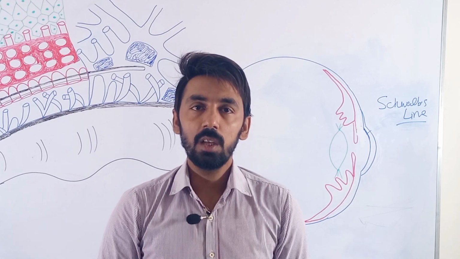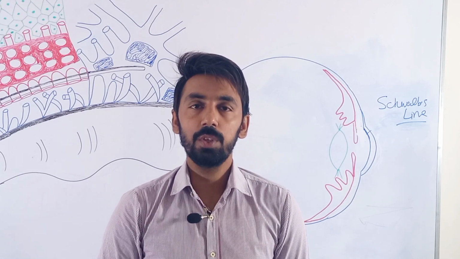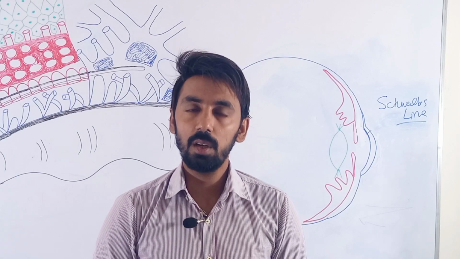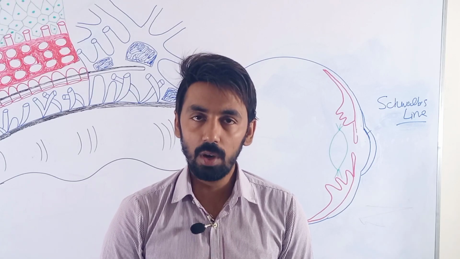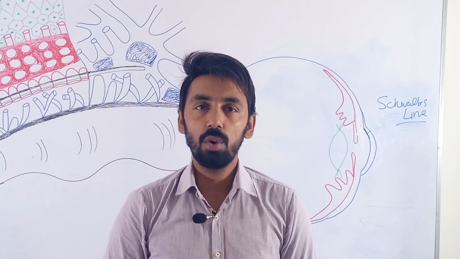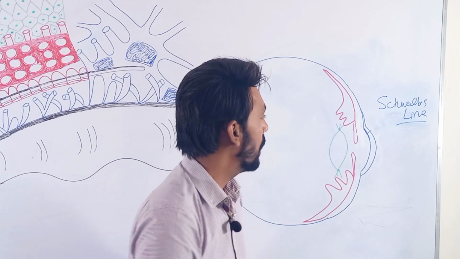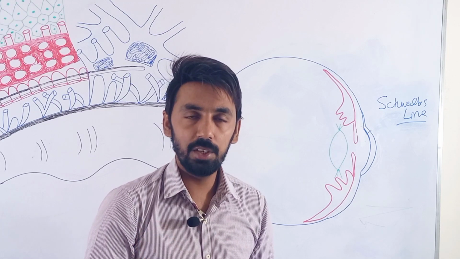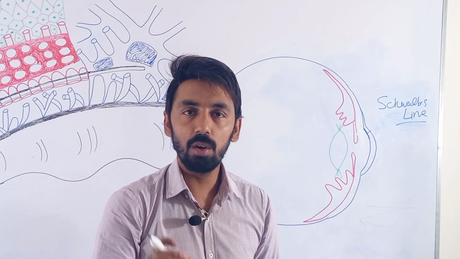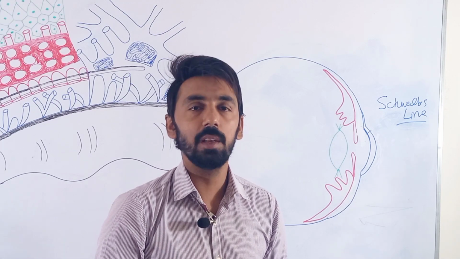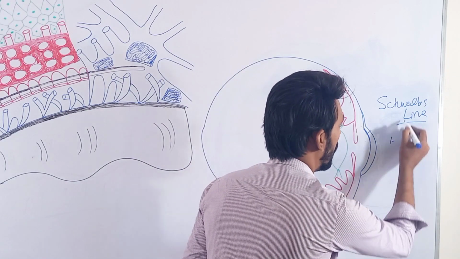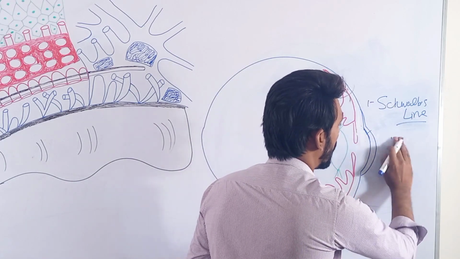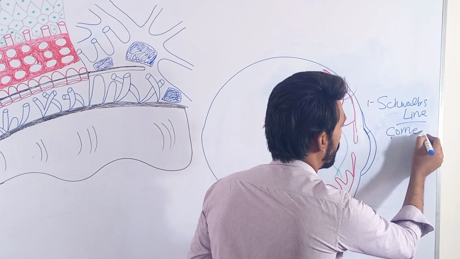I can repeat: the anatomical line at the termination point of Descemet's membrane of the cornea is called the Schwalbe's line, right? So it means the first structure of the anterior chamber angle is part of the cornea, which is called the Schwalbe's line.